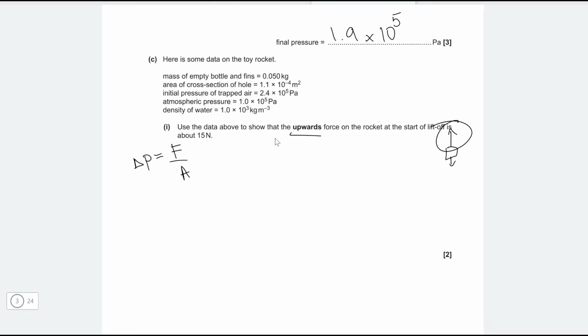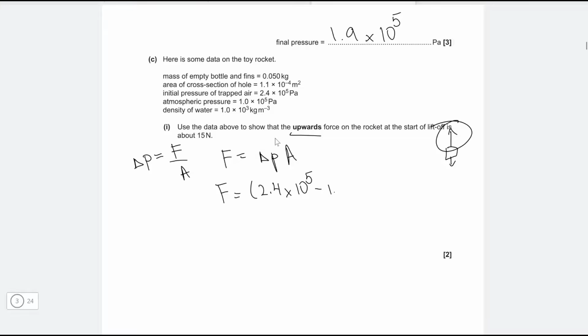So let's just rearrange for the force. The force will be delta P multiplied by A, which means that the force will be equal to the difference in pressure. Now our final pressure we've actually calculated is 2.4 times 10 to the power of 5. Take away the initial pressure, which will be the atmospheric pressure.